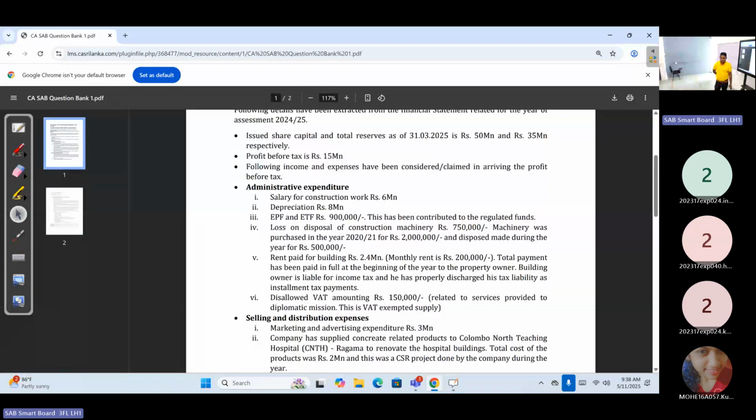So when we are making a payment, there is a requirement to deduct withholding tax. Rent, interest, that would be. Rent is subject to withholding tax, and the payer has to deduct, irrespective of whether the person is paying tax or not.